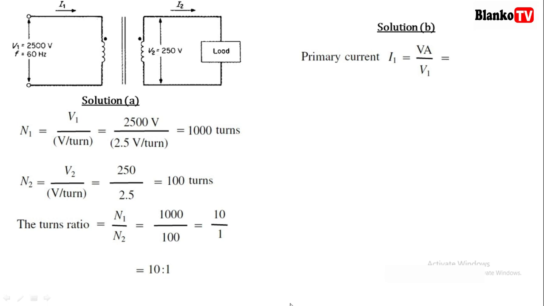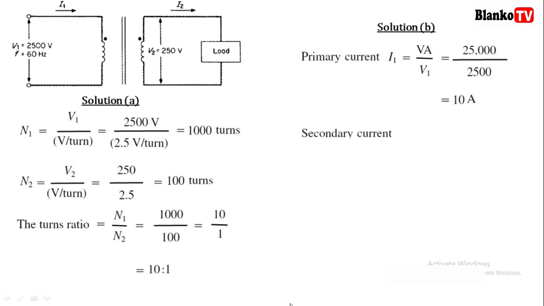So our VA is 25,000 over 2500, which is our V1, that is the primary voltage. And when you divide 25,000 by 2500, we are going to get 10 amps since we are calculating for current.